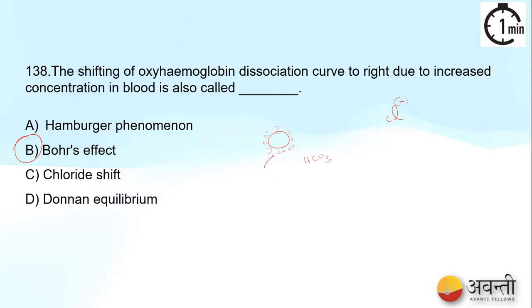So the chloride ions take their place, and the bicarbonate moves away from the surroundings of the red blood cells. This is called the chloride shift. Option 2 and 1 are not so related here. According to question 138, whenever the oxyhemoglobin dissociation curve shifts to the right, that is called Bohr's effect. That means there is a decrease in the affinity of hemoglobin towards oxygen.